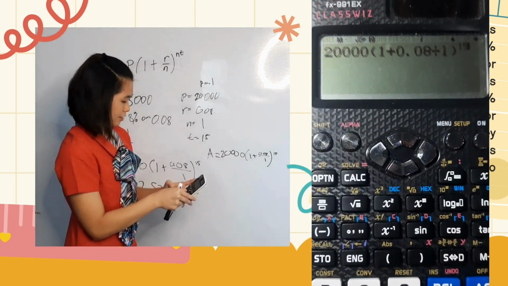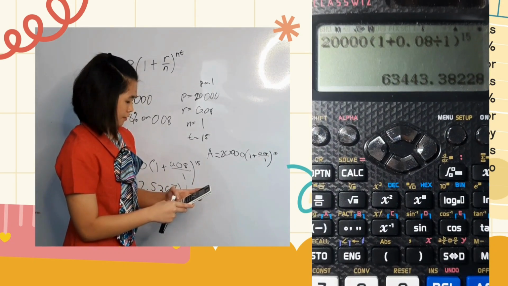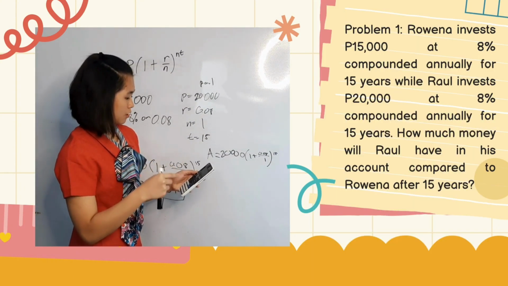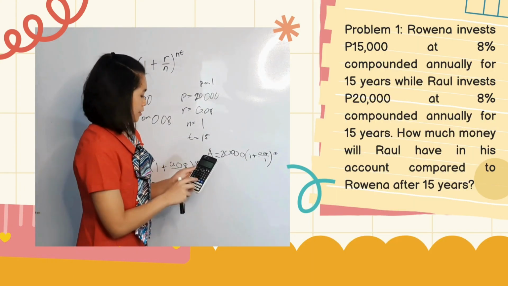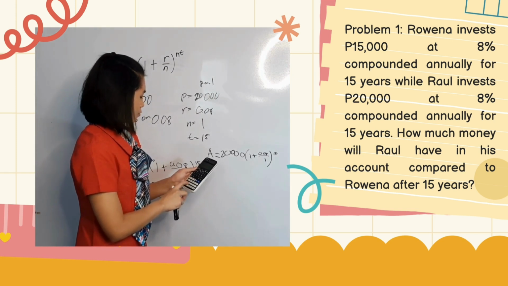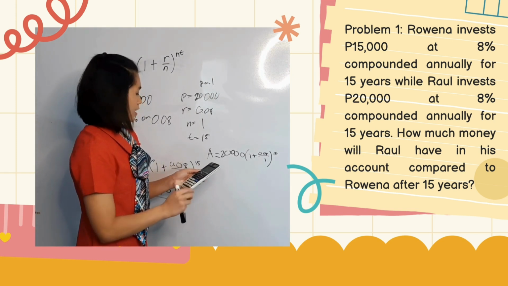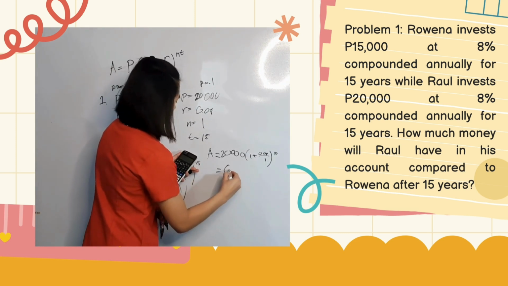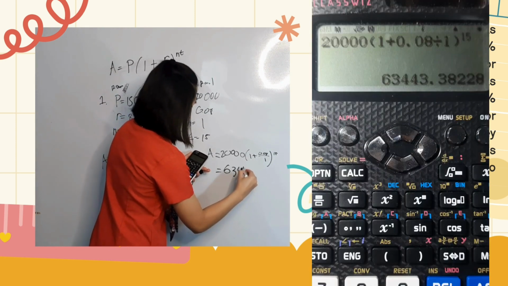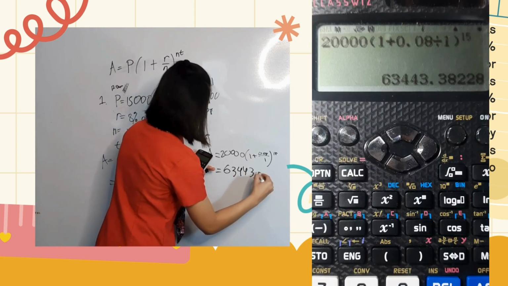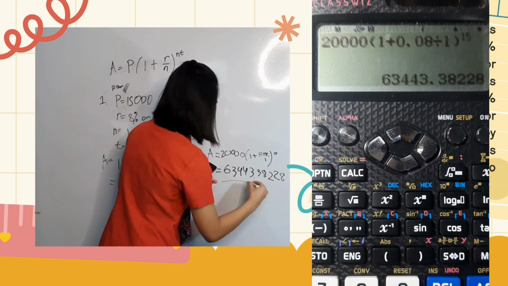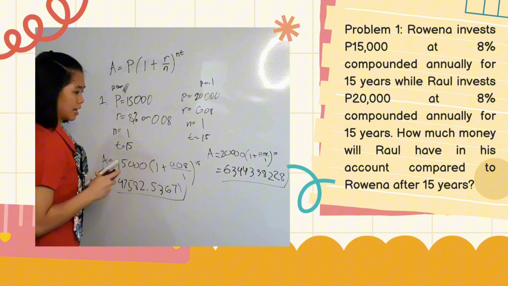Then make sure you raise that to 15. Then you get a value, which is 3.172169114. And you multiply by 20,000, and the answer is 60,443.38228.